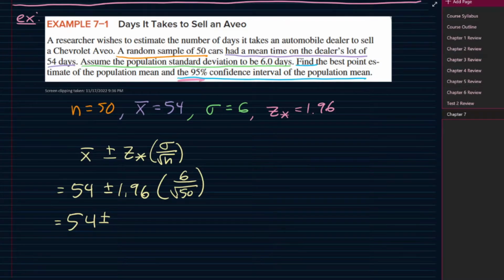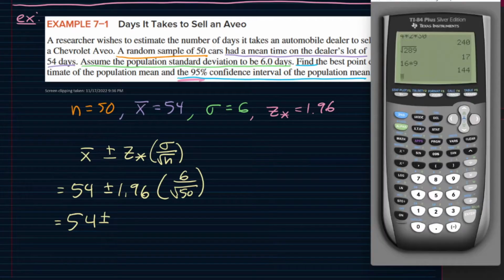So I'll go to the calculator. 1.96 times 6 divided by square root of 50. We get 1.663. Let's just round to 3 decimals here.